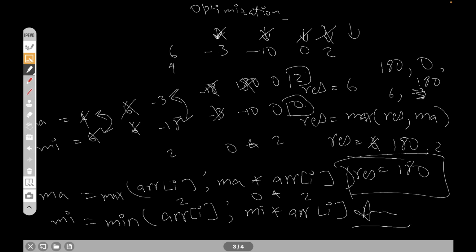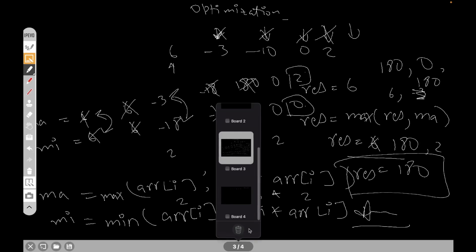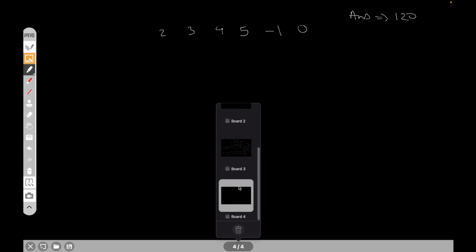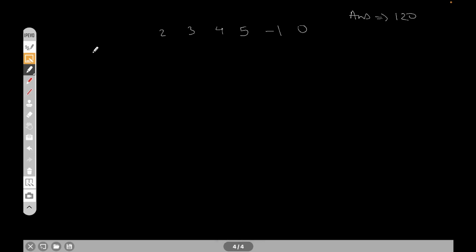Okay, so let us solve one more example. Suppose our example given to us is this value. So our ma will store 2, mi will also store 2, and result will store 2. The result's equation will be the maximum of result comma ma.